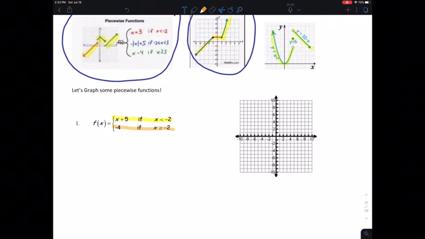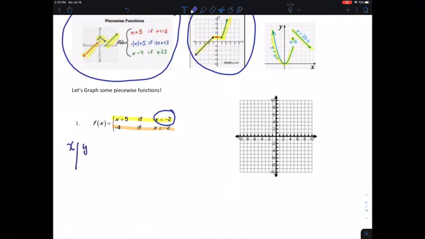Notice they're both linear, so we're going to use what we know about linear functions to graph these. I'm going to start by using the endpoint. So x is less than -2 is the endpoint of this first piece. So we always want to start with our endpoint.